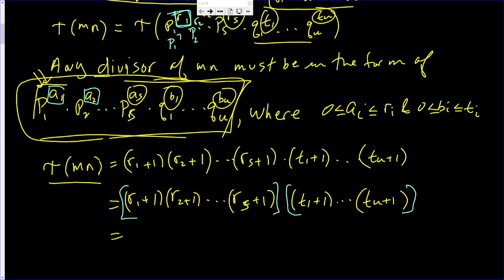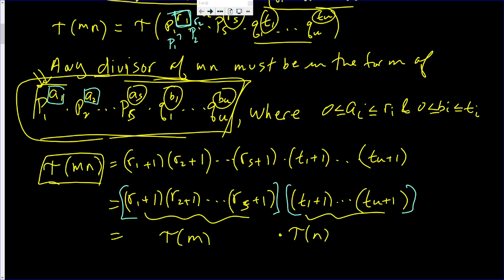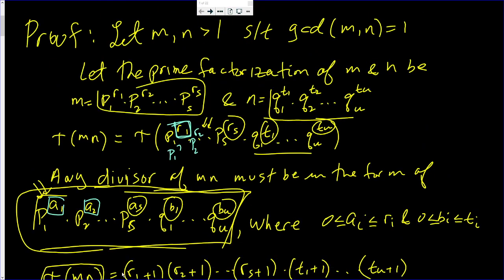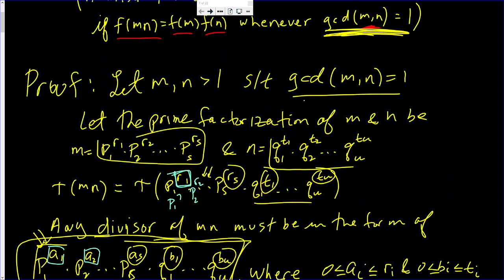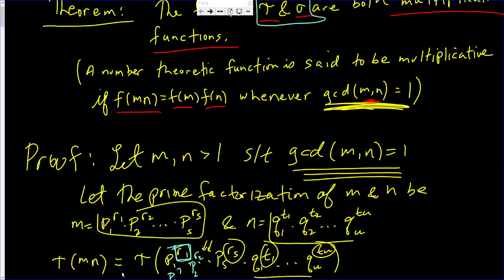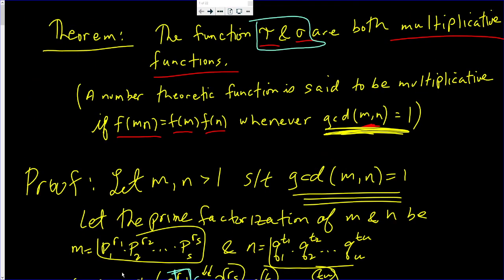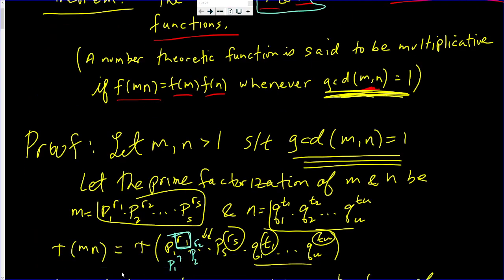Well, what's in the first set of brackets is just tau of m, times what's in the second set of brackets, which is tau of n. So I proved that this is equal to tau of m times tau of n. And the GCD was 1. Okay, so I can check off tau.